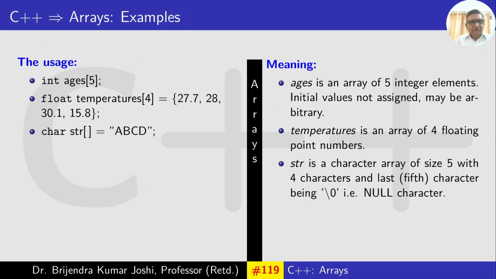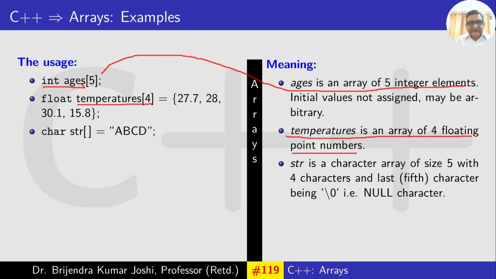Now examples. What have I done here? Ages is an array of 5 integer elements. Initial values are not assigned, so they may be arbitrary or compiler dependent. Then float temperatures 4. Temperatures is an array of 4 floating point numbers.